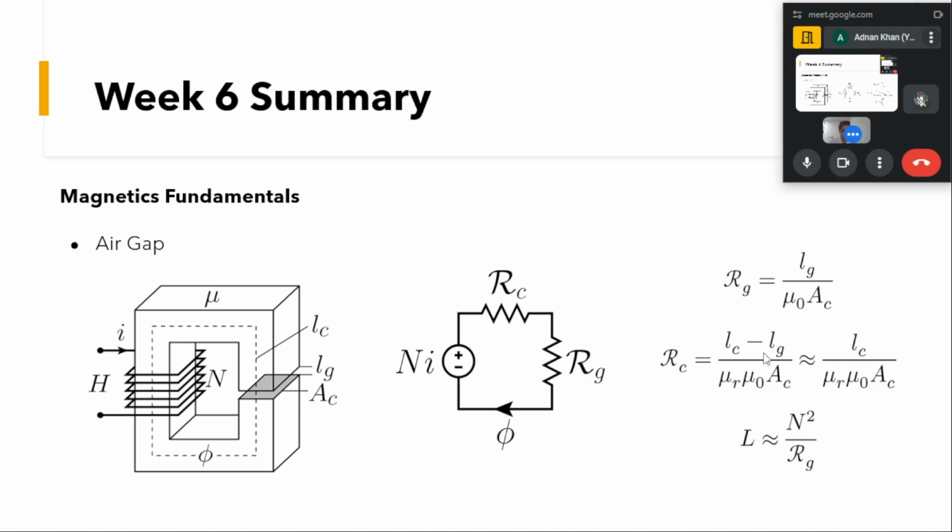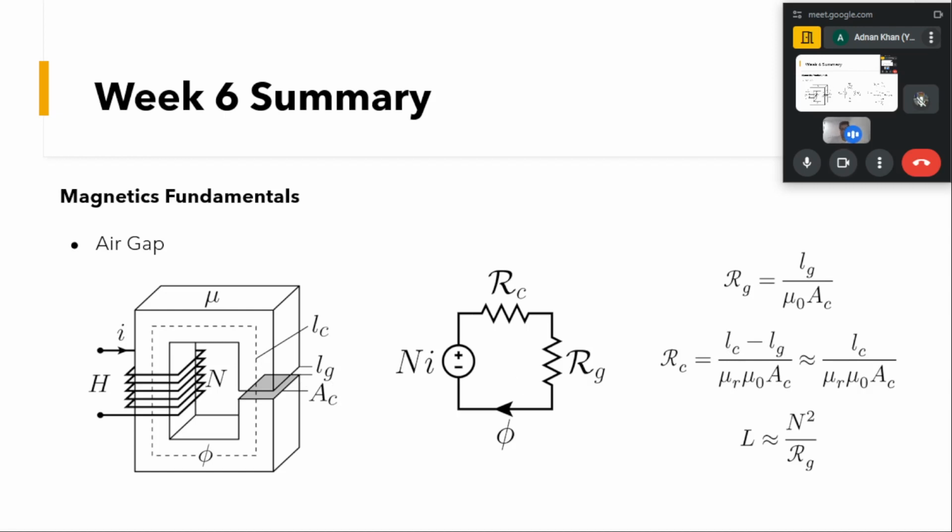So we can assume that overall the reluctance is dominated by the air gap, and we can approximate that inductance L will be approximately equal to N squared divided by the reluctance of the air gap, because the reluctance of the core is very small compared to the reluctance of the air gap. So this was about introducing the air gap, by which we can vary the reluctance of the core.